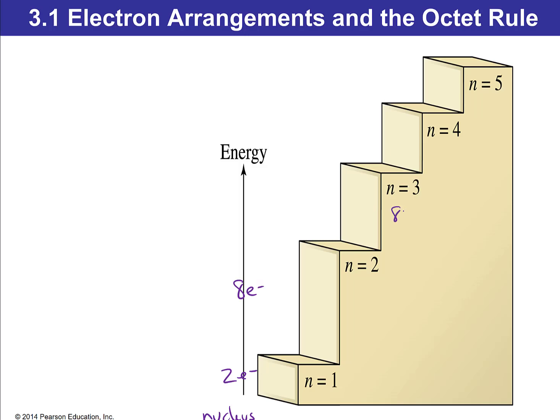So we still end up with this 8 as a stable number in the outer energy level. Writing, stable number in the outer shell, except for the first 2, hydrogen and helium, because they're so small. 2 is their magic number, but for everything else, it's always going to be 8.